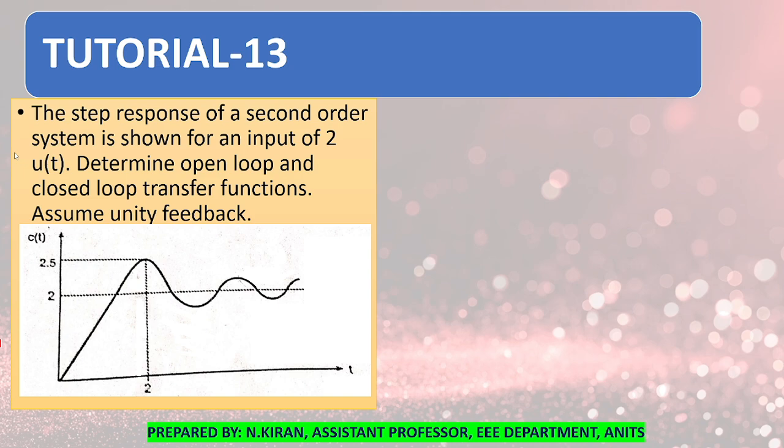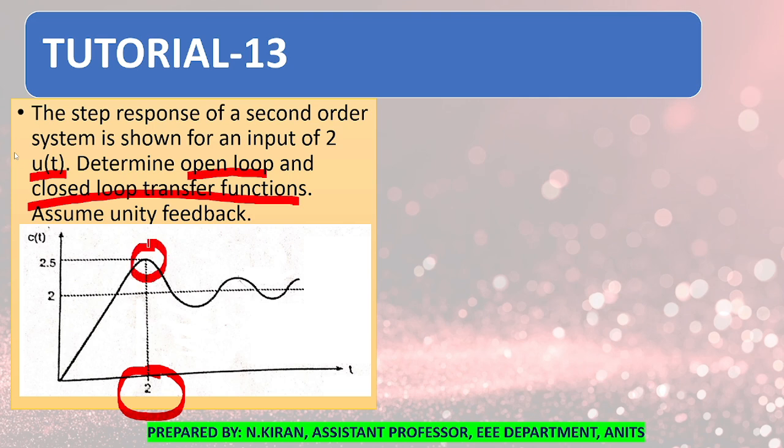So in my next tutorial, a step response of a second order system is given for an input of 2 into u of t. We need to determine the open loop and closed loop transfer function for a unity feedback system. It is very obvious that this time period is the time at which you are getting the peak overshoot.